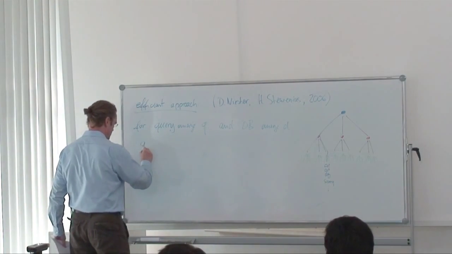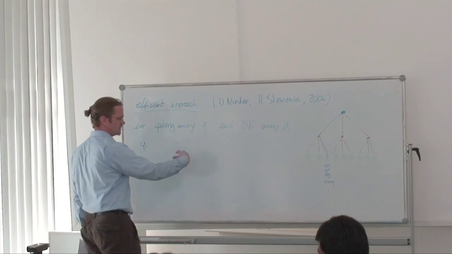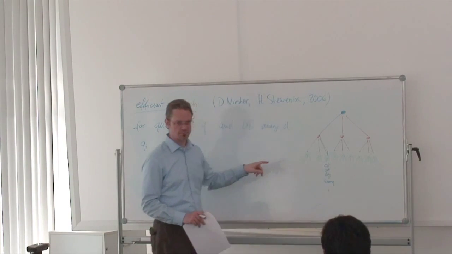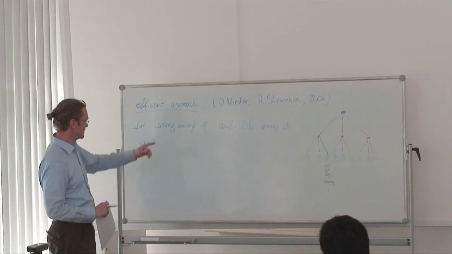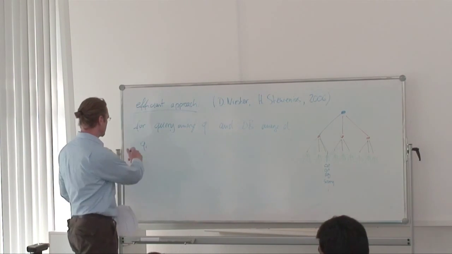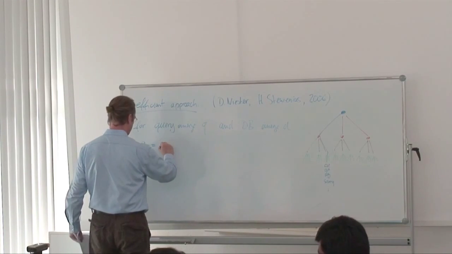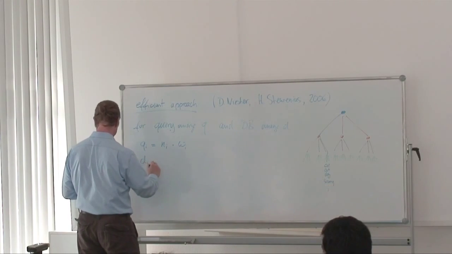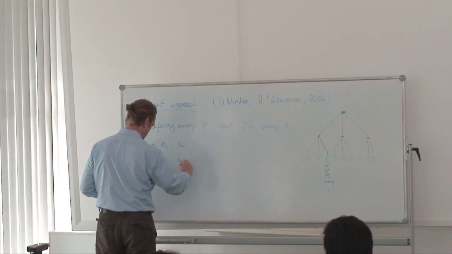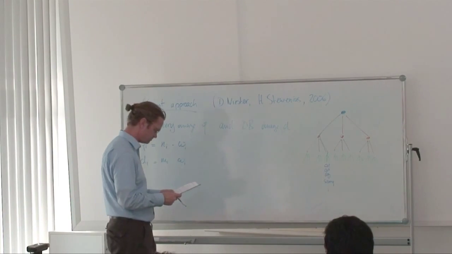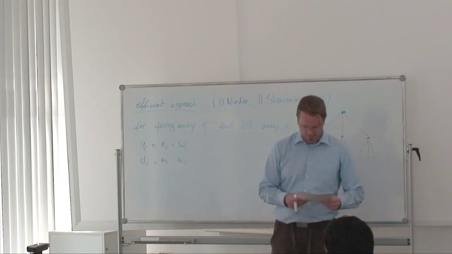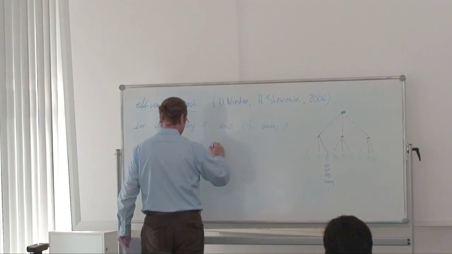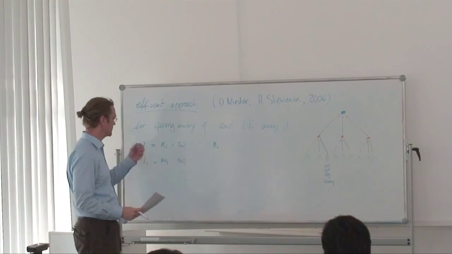We just say the i-th entry of, if we let all the features of the query image diffuse to the bottom level here, that gives us a vector for the query image, and its i-th entry is given by n_i times this weight w_i, and for d_i we have m_i times w_i.